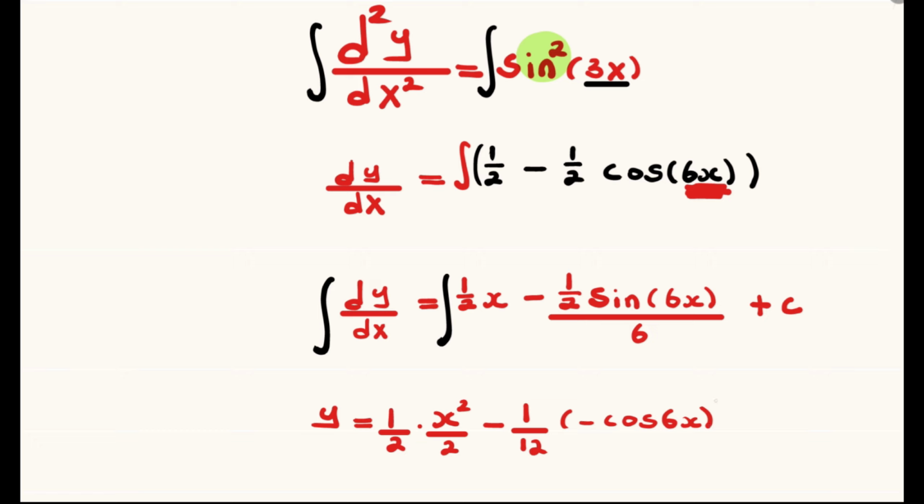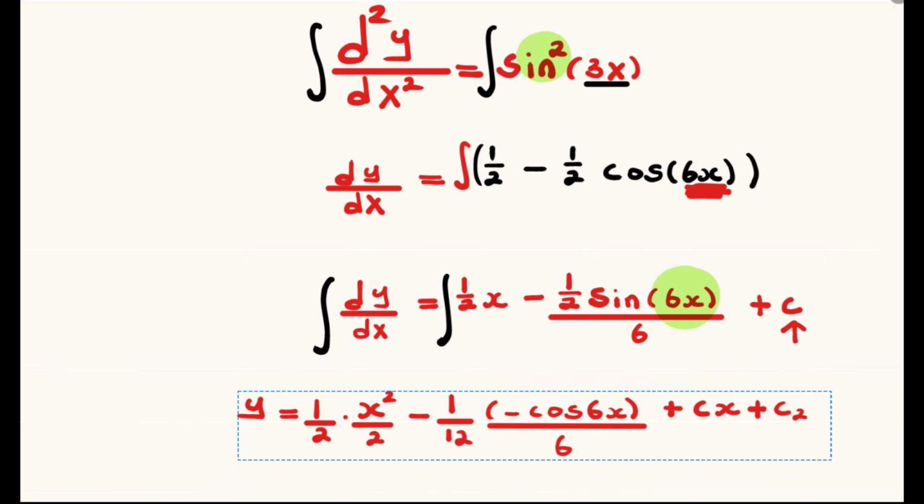Again, if we were differentiating, we would multiply by the derivative of the 6x, which is 6. Now we divide by the 6 because we are integrating, plus the integral of the constant c, which will be positive cx. That c is from the first integral. Now we have positive c2, the constant 2, from the second integral.